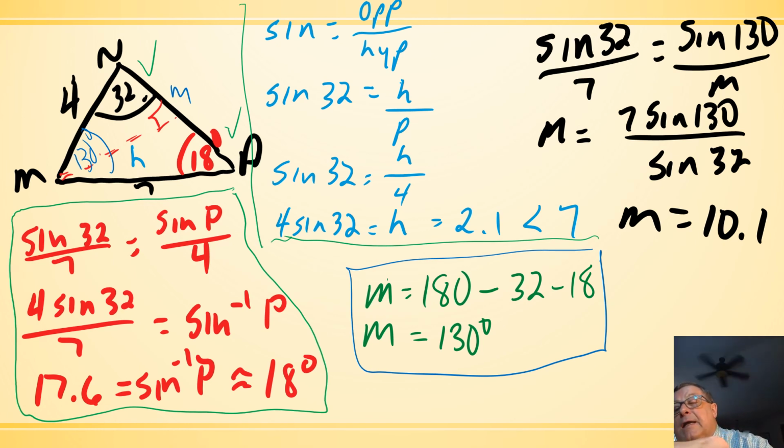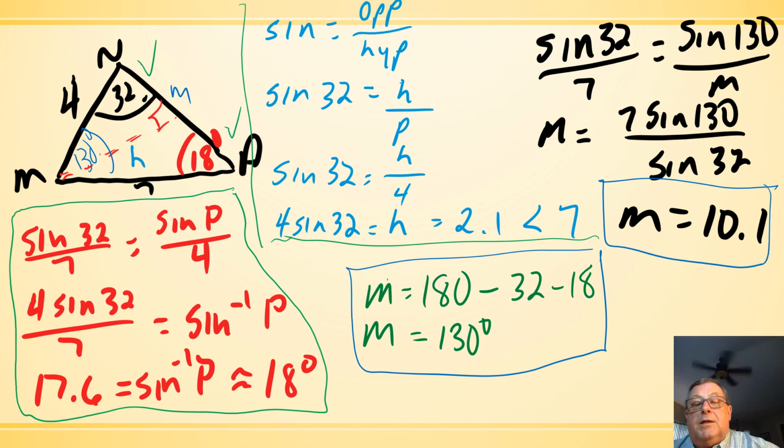So side m is going to be 10.1 units. And Shazam, we have solved the triangle.